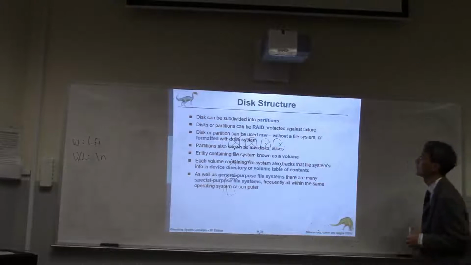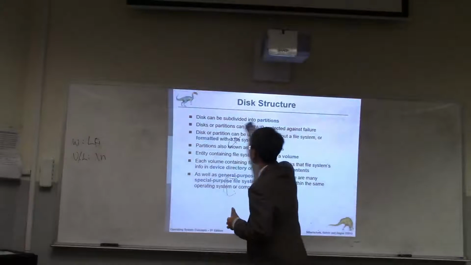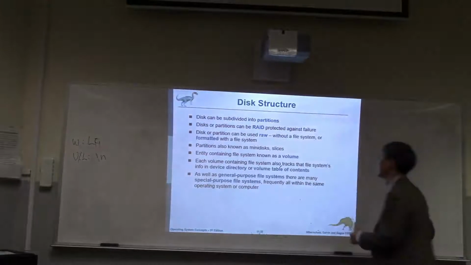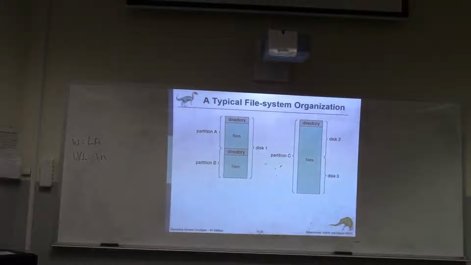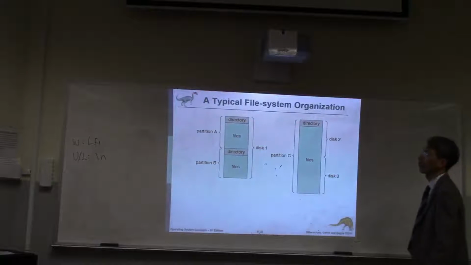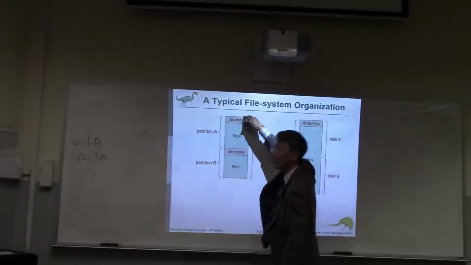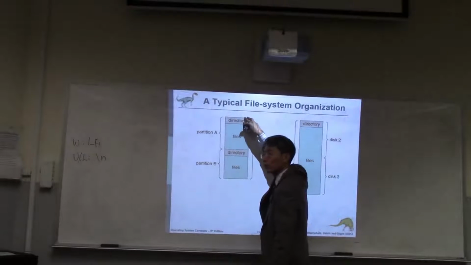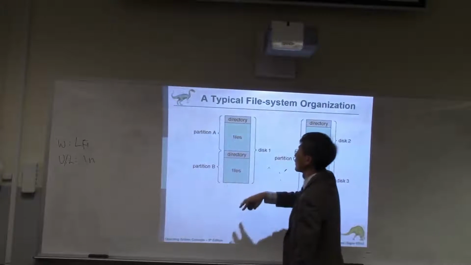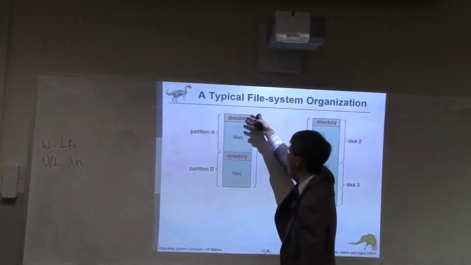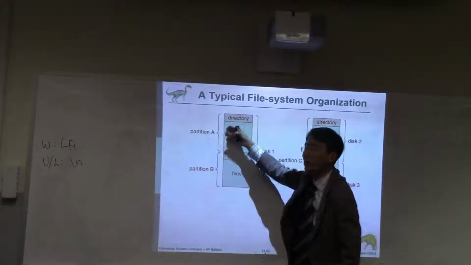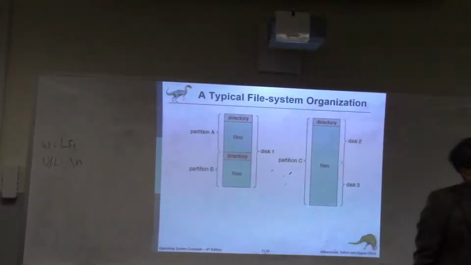Okay. Then, these are the file systems used in most operating systems. We have the directory structure in the file system. That directory structure manages a number of files, and the directory structure and files form a partition. So we have several different partitions.